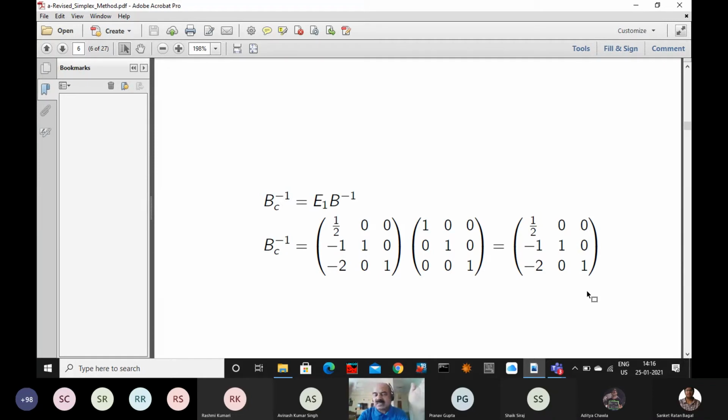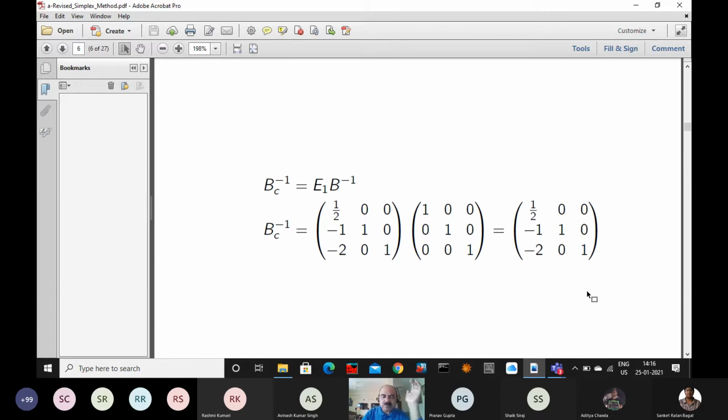So for the first case, it is obvious our BC inverse will simply be E1. Similarly, if I am changing the second column, BC inverse will be E2. If I am changing the third column, BC inverse will simply be E3.